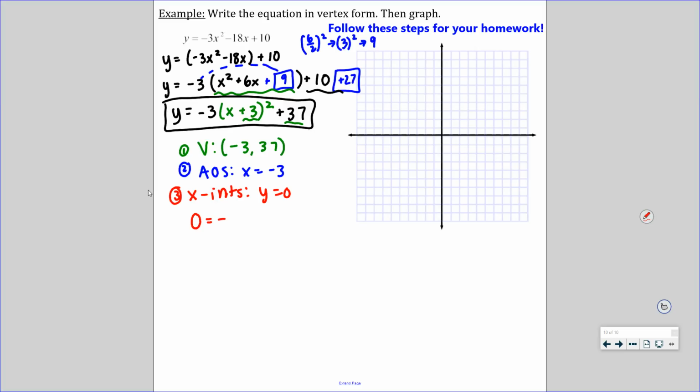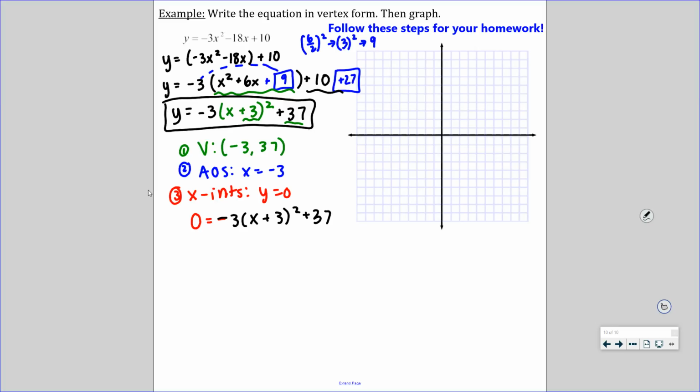Another reason why this is a nice method to graph in vertex form: A, we can pull our vertex, and B, it's really easy to solve for our x-intercepts. Because if we would have kept it in standard form and plugged in 0, we would have had to use the quadratic formula because it doesn't factor. And now the completing the square process is already done for us.